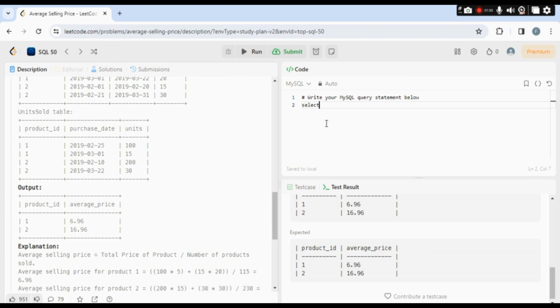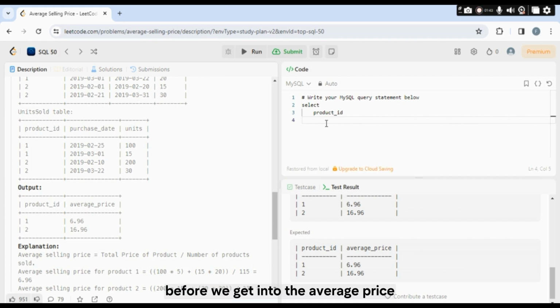Product ID and the average price. Before we get into the average price, we have to join first.